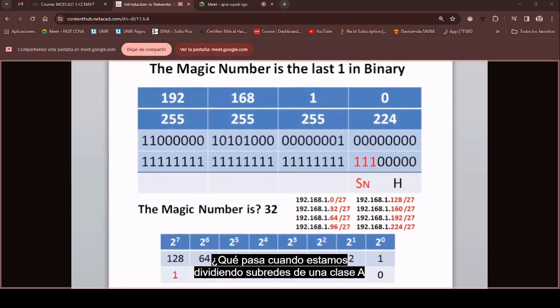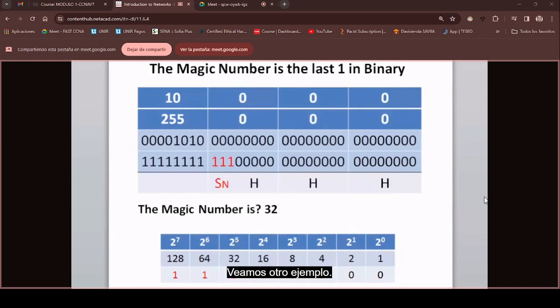What about when we're subnetting from a Class A or Class B network address and subnetting generally in the other octets? Let's take a look at another example. This time we have a 10.0.0.0 network address and a classful Class A subnet mask, and we're going to subnet it. So we've taken the 8 bits and borrowed 3 bits, and now we have a /11 subnet mask.